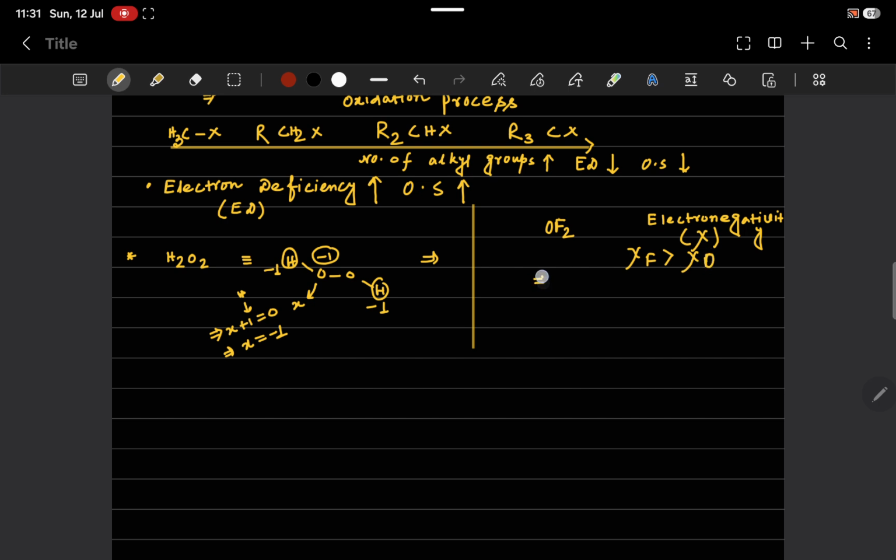So if I try to find out the oxidation number of oxygen, then by the indirect method X minus 2 equals 0. Here the oxidation number of oxygen is +2, because the electronegativity of fluorine is higher.